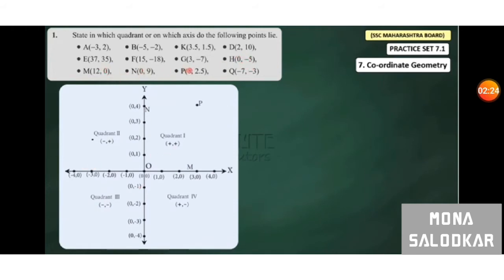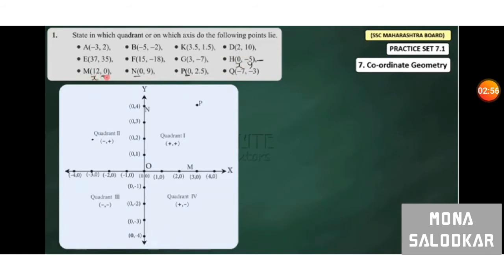Now see the M point, what is given? 12, 0. Here x is given, therefore it lies on the x-axis. Now N point, y is given, so it lies on the y-axis. So for these points which have x is 0 or y is 0: if only the y coordinate is given, it lies on the y-axis, and if the x coordinate is given, it lies on the x-axis.